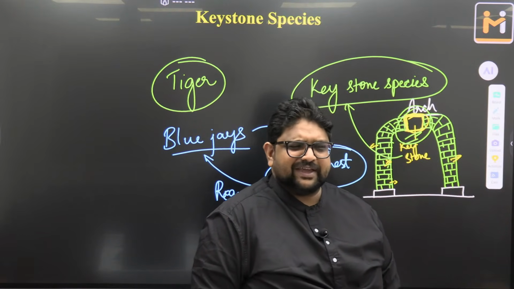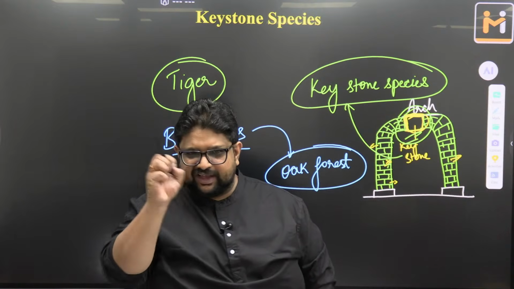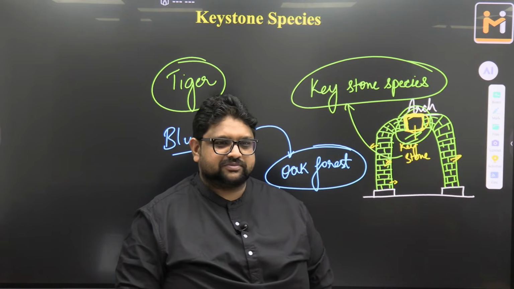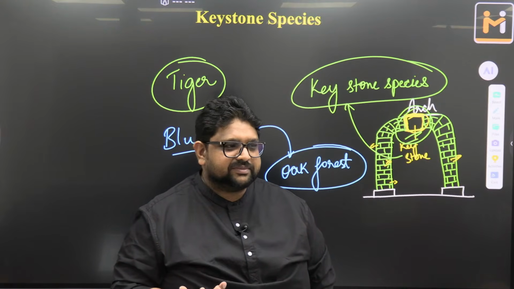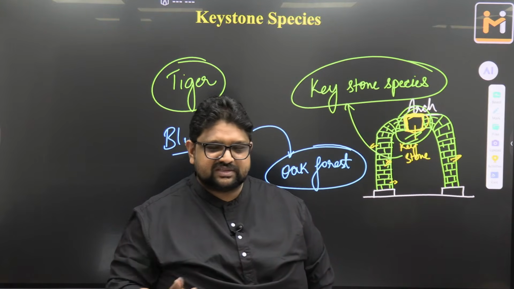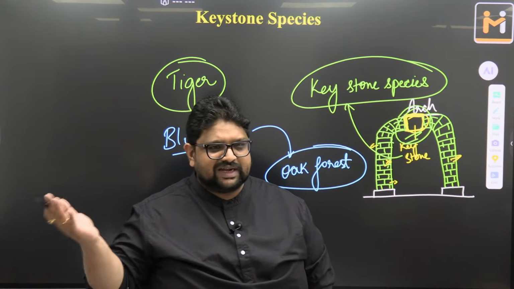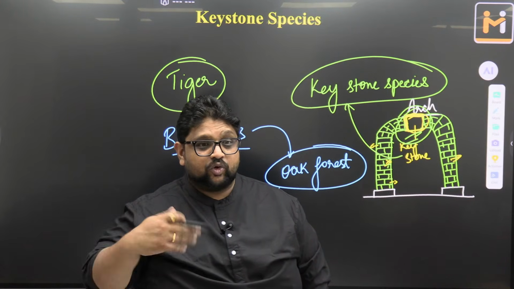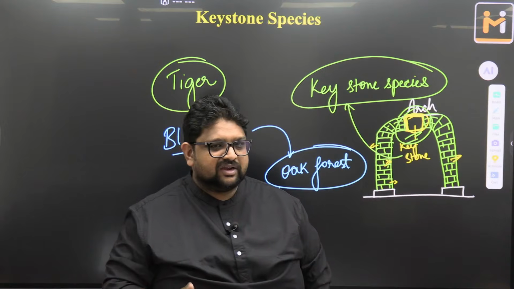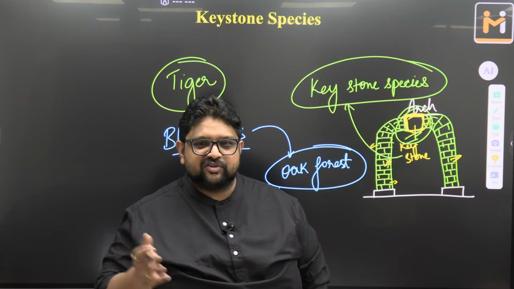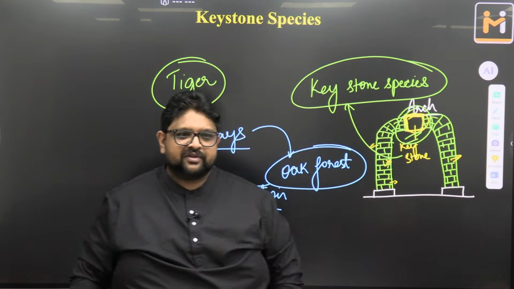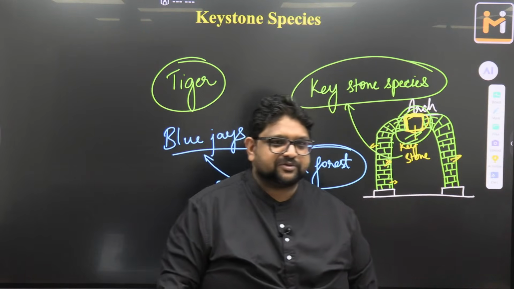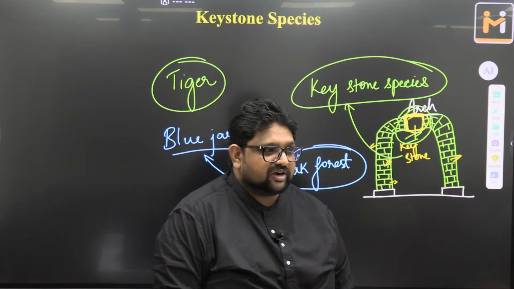Now just for an experiment, if you take the blue jays out of the oak forest, what happens? The seeds won't germinate. The oak trees that are already there will die after a certain age. No new trees will germinate. If new trees don't germinate, slowly the trees will start reducing, the forest becomes open, and the other organisms cannot survive.